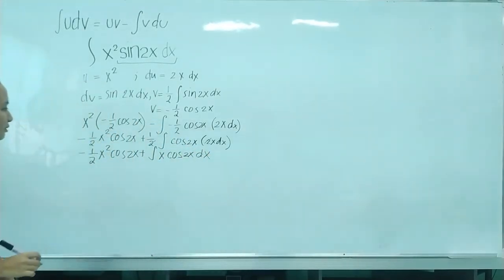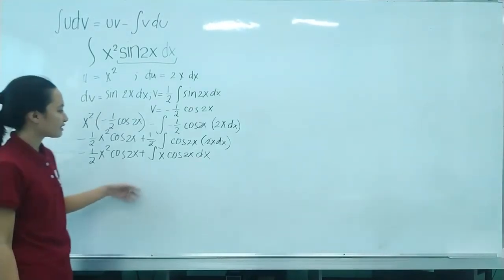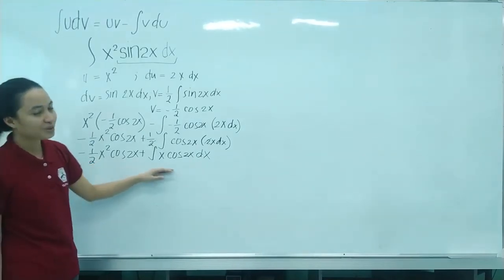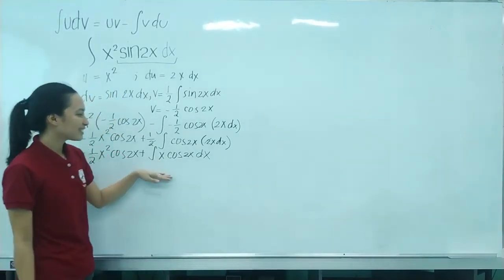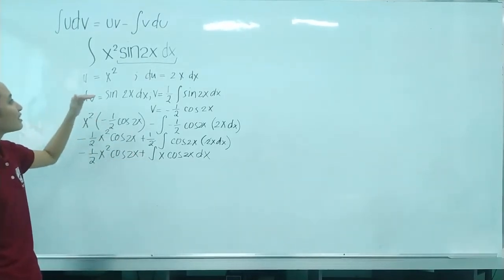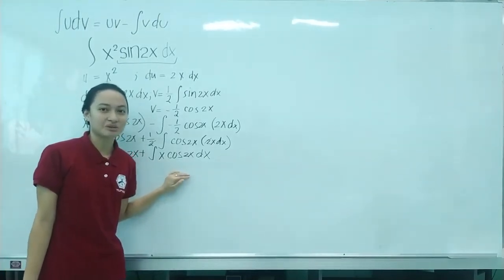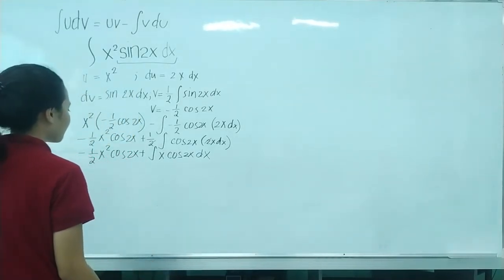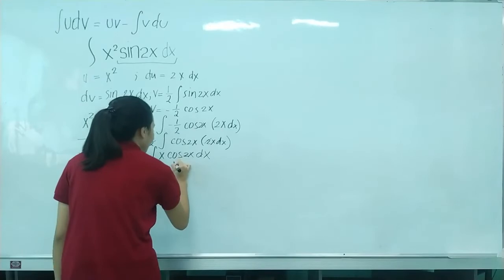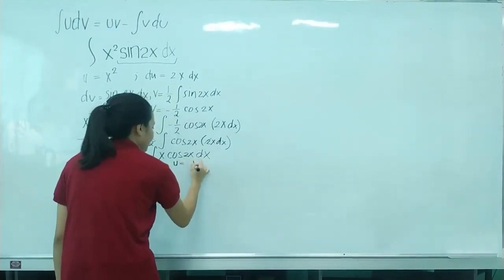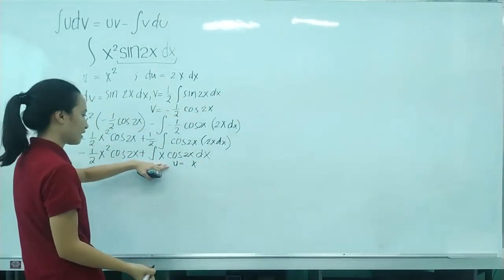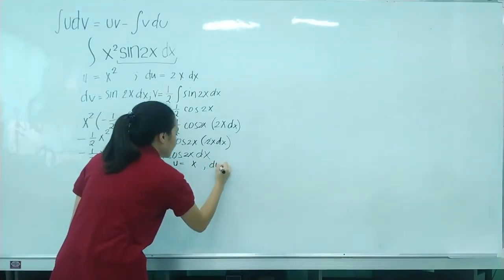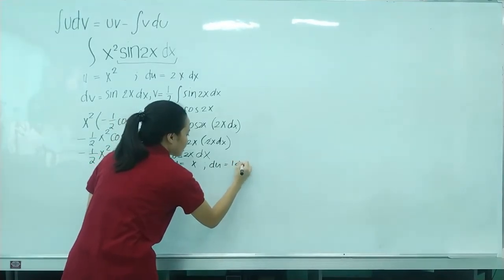So here we have an integrand which we don't know how to solve. So it looks like we're going to have an integration by parts again. So we will find our u, which equals x, since we have an algebraic function and a trigonometric function, and our du will be 1 dx.